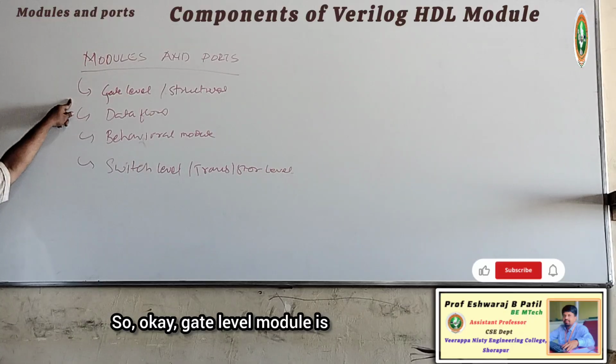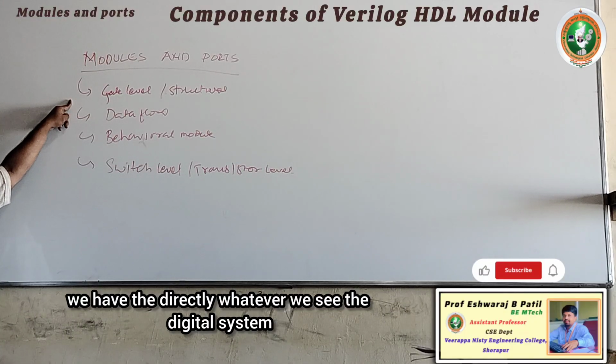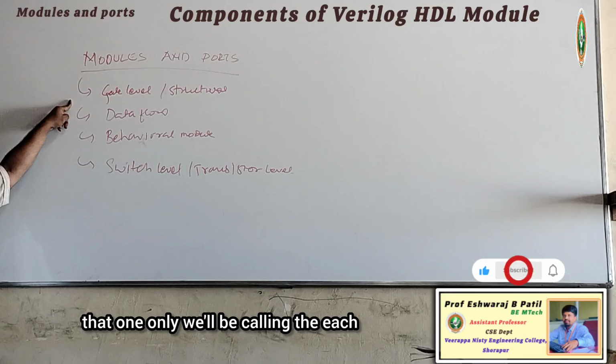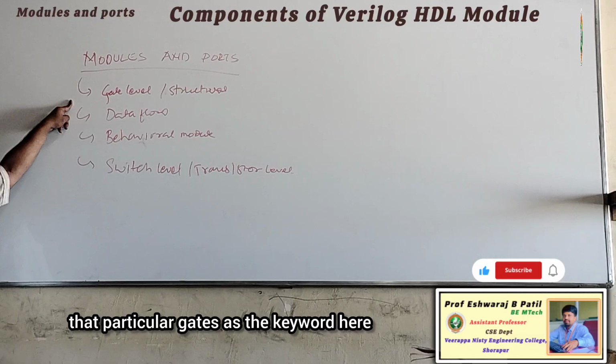In the gate level model, whatever we see in the digital system, we directly call each and every gate, the names of those particular gates as keywords here.